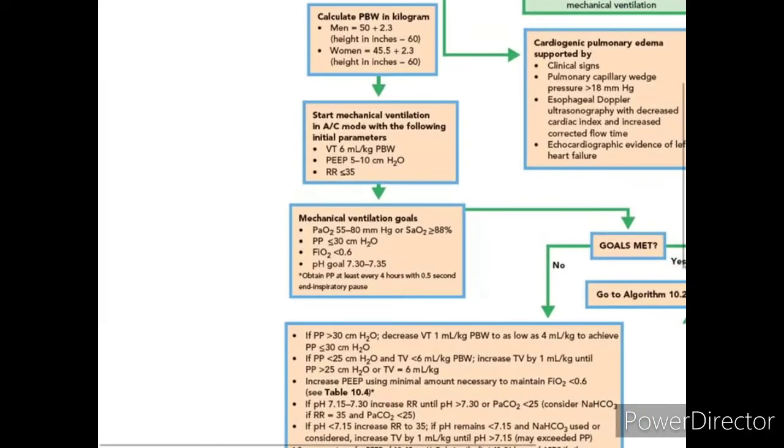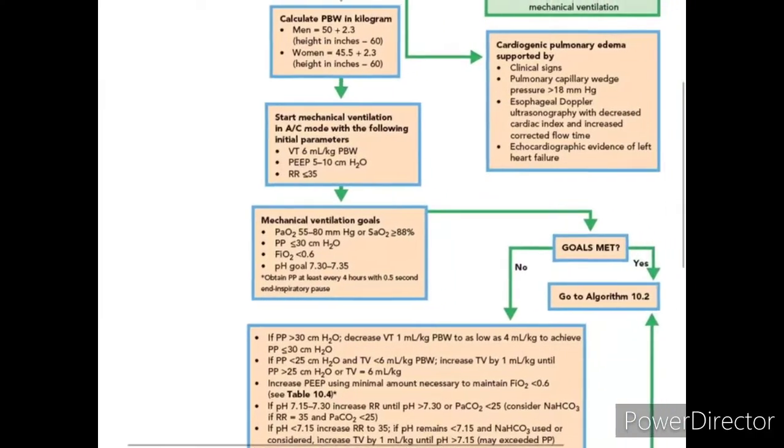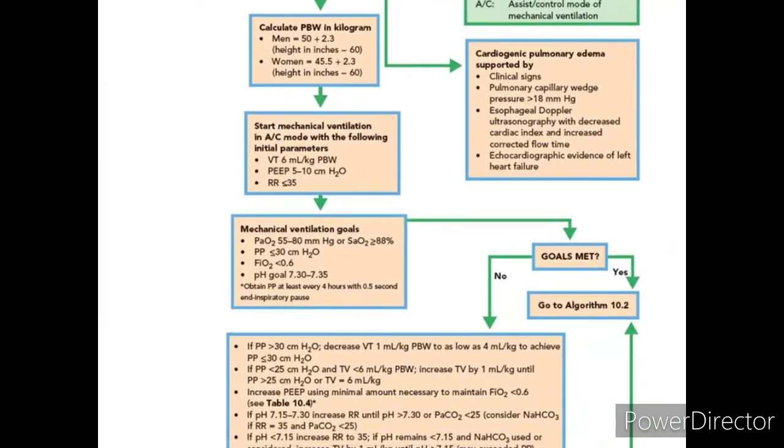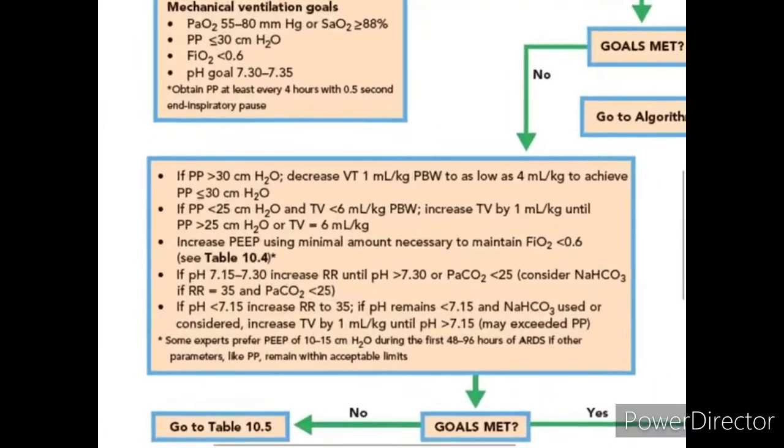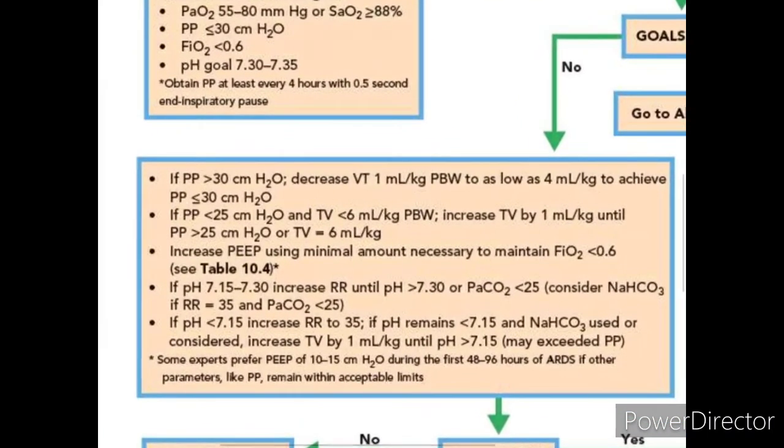If these goals are met, because every time it might not be met, then it's a good thing. If it is not met, then you'll have to do something else. What would that be?